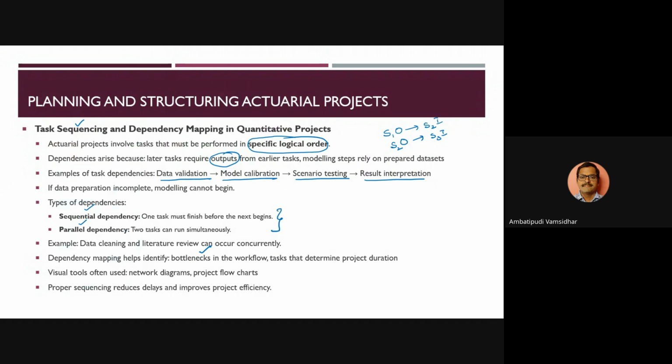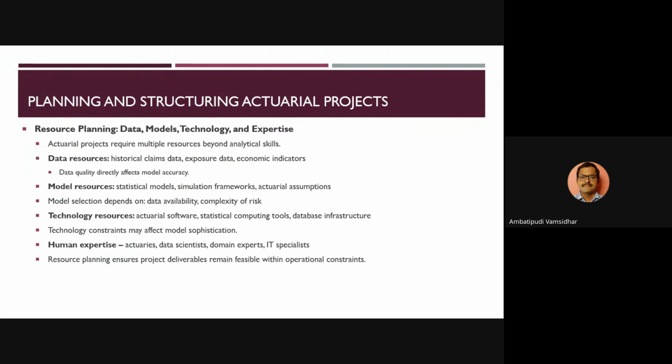You can use different visual tools like network diagrams, flow charts, etc. Now, that is also one more important area you should understand as far as project management is concerned.